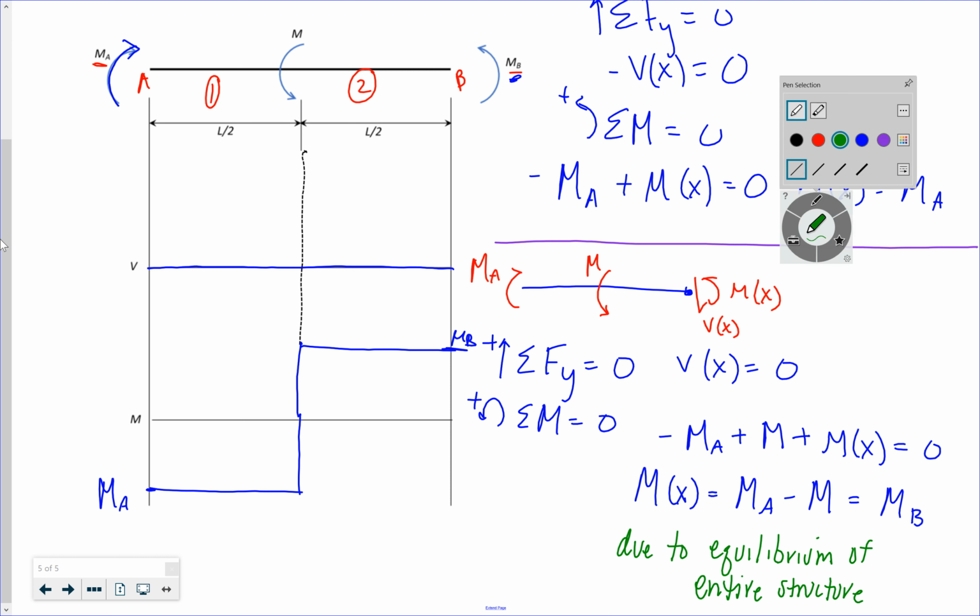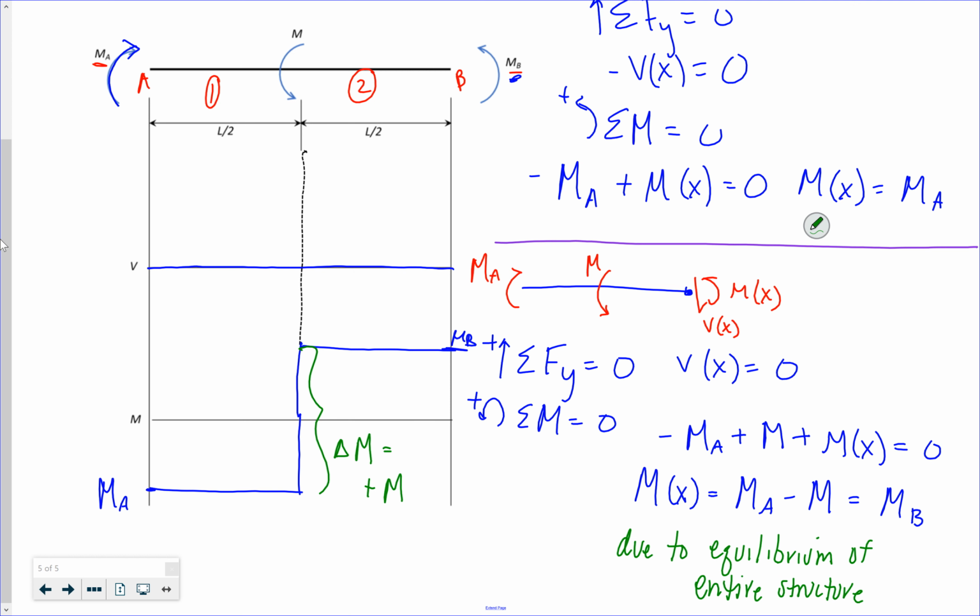And the difference between the two is that applied concentrated load. It's a discontinuity.